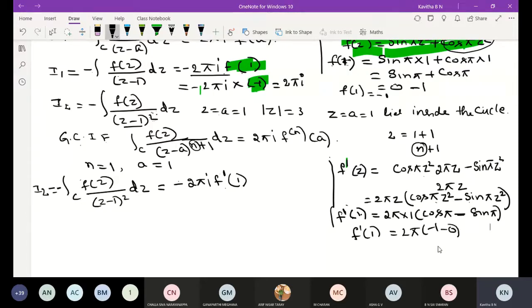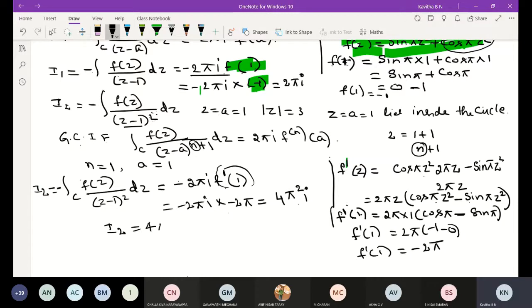Sin pi is 0, so f dash of 1 is equal to minus 2 pi. Here minus 2 pi I into, in place of f dash of 1, write down minus 2 pi. Minus into minus is plus, 2 into 2 is 4, 4 pi into pi, pi square, 4 pi square I. I2 value here is 4 pi square I.